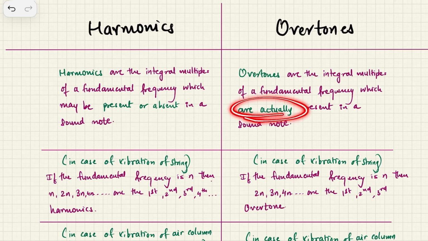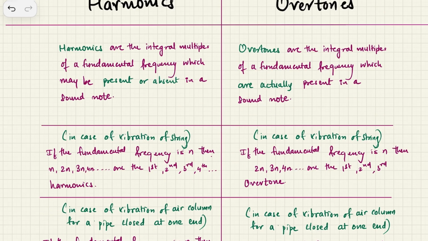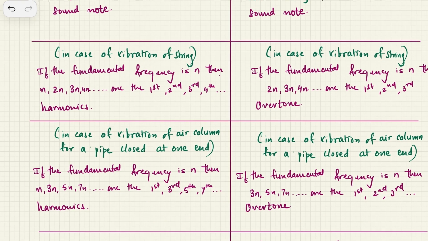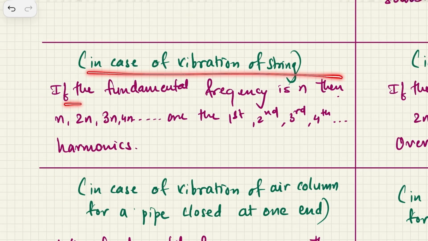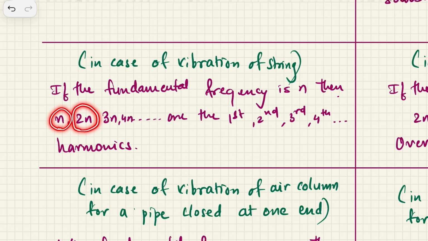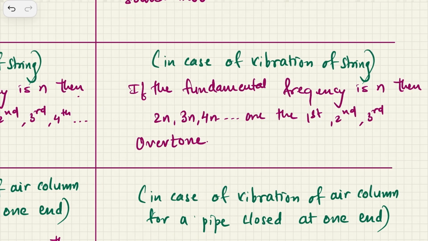They should actually be present in a note. Now I have given you an example. In the case of a vibration of a string, suppose the fundamental frequency is n, then the integral multiples are 2n, 3n, 4n, and so on. So these are your first, second, third and fourth harmonics.